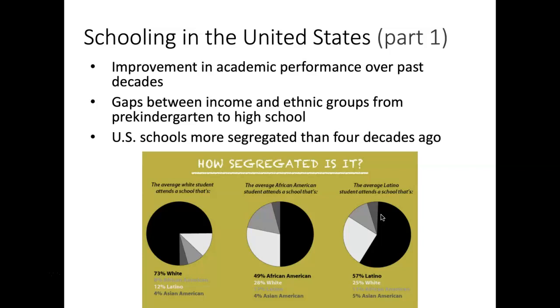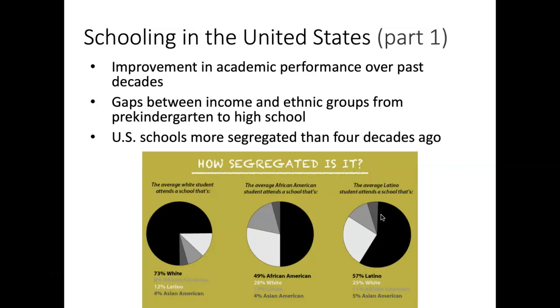There's been improvement in academic performance over the past decades, but there are still gaps between income and ethnic groups from pre-kindergarten to high school. U.S. schools are actually more segregated than they were 4 decades ago. The average white student attends a school that's 73% white.